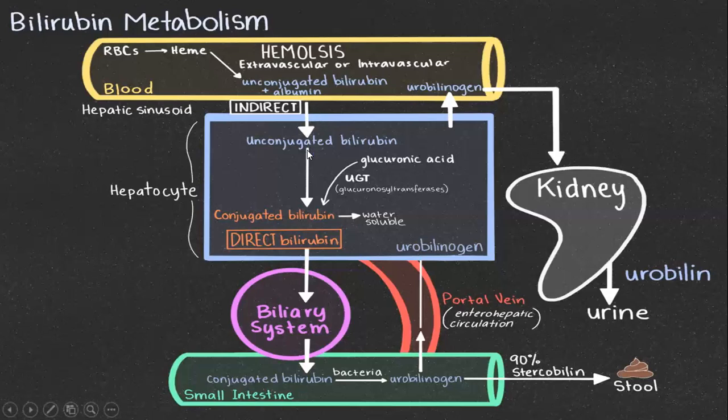Now, once your unconjugated bilirubin is in the liver, it is eventually conjugated with glucuronic acid by the enzyme glucuronosyl transferase to form your conjugated bilirubin, also known as direct bilirubin, also known as your B2.